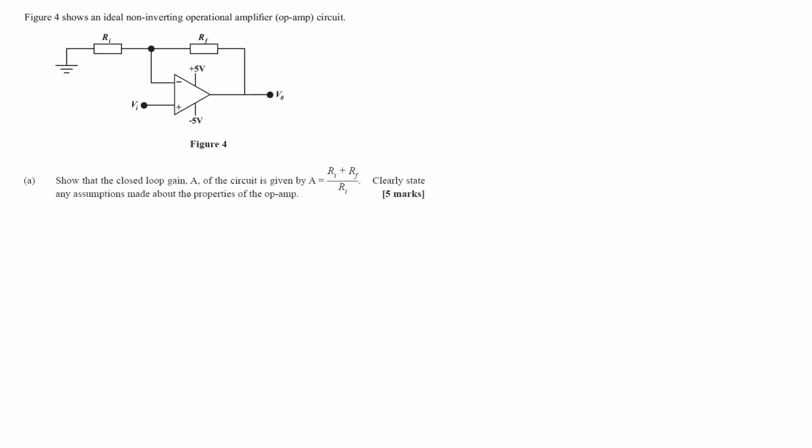Operational amplifiers are very fun stuff to talk about. What you have to understand, ladies and gentlemen, is that the voltage at the non-inverting terminal is the voltage that is at the inverting terminal.